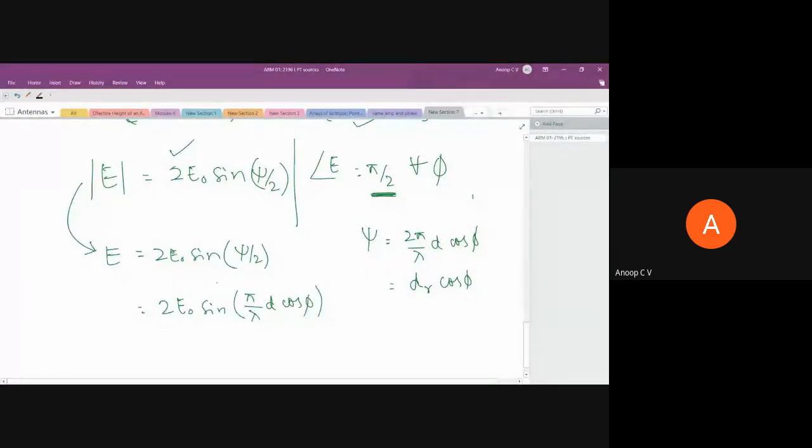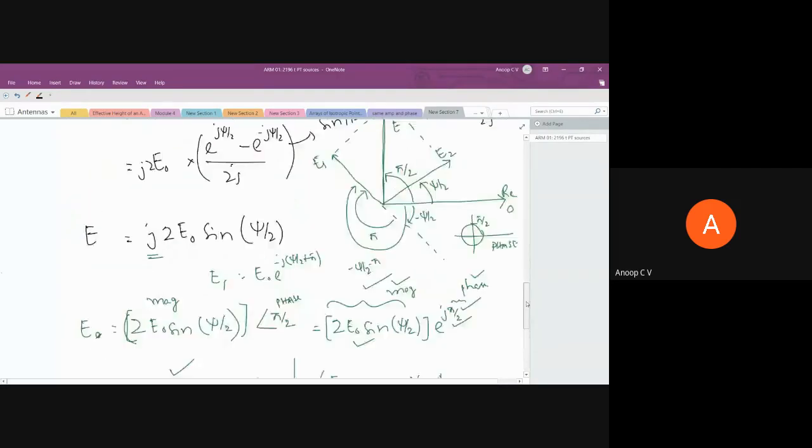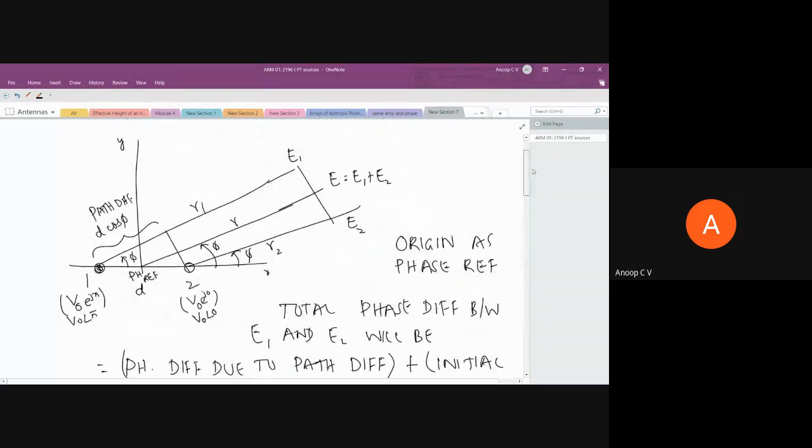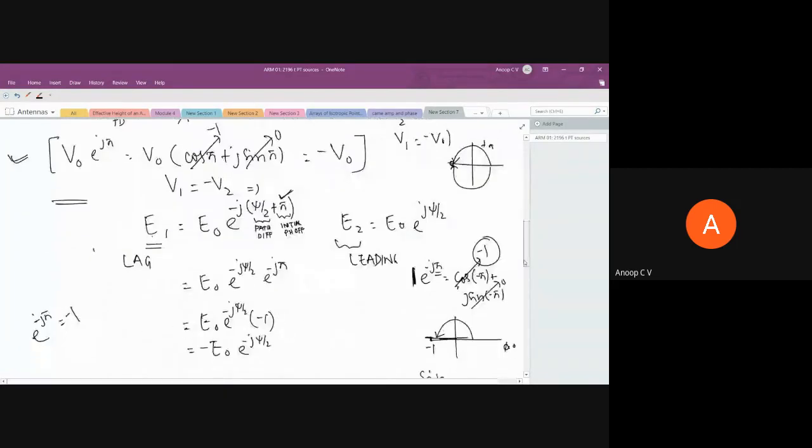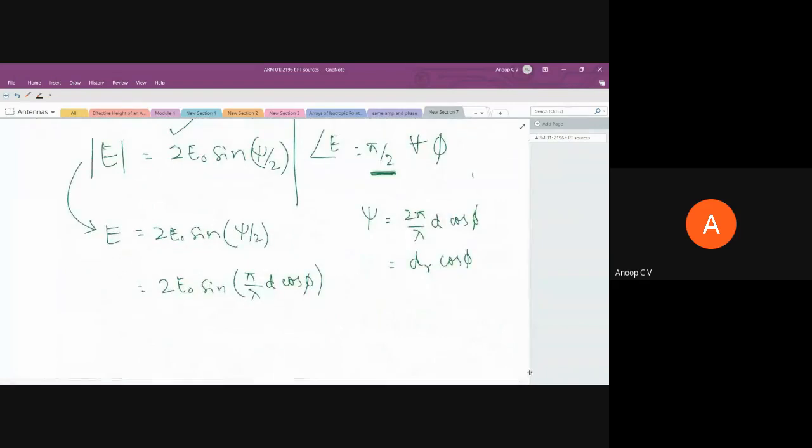Just see, the same setup. Two isotropic sources are separated by a distance d. When I excited them with the same phase, I was getting cos of something. But when I reverse the polarity of one of the sources, then I'm getting sine. 2E naught sine of pi by lambda times d cos phi.